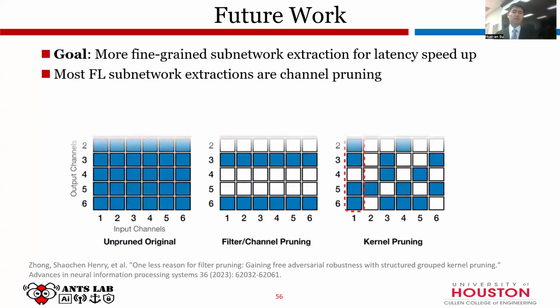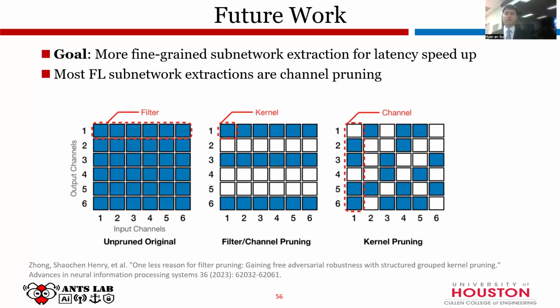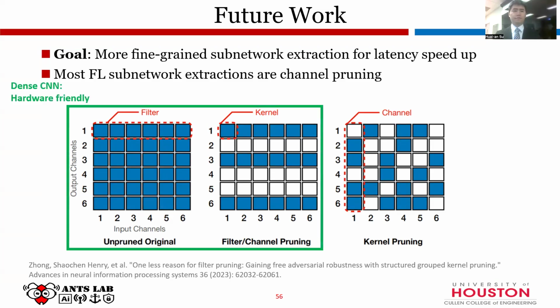Let's take a look at this figure showing different kinds of pruning methods. There is the unpruned original model, and the filter and channel pruning, which is similar to HydraFL, WhaleFL, and StarsFL. The last one is kernel pruning, which is more fine-grained, as you can see, than filter and channel pruning.